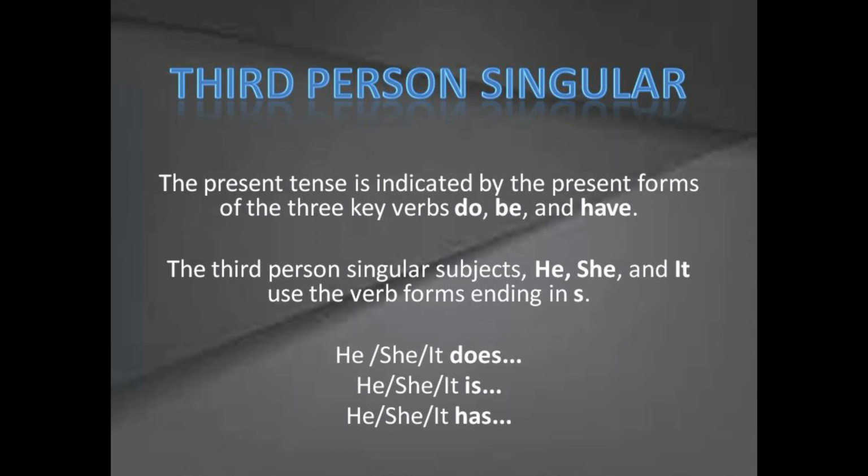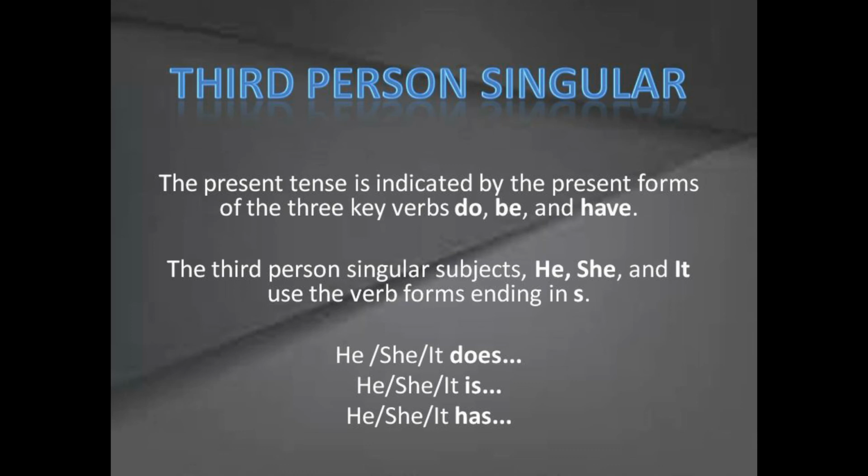He, she, it does. He, she, it is. He, she, it has. So for third person singular, we use the verb form ending in s. We identify that does, is, and has have the letter s at the end of the word.